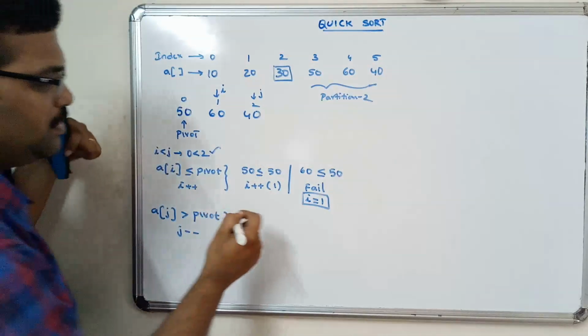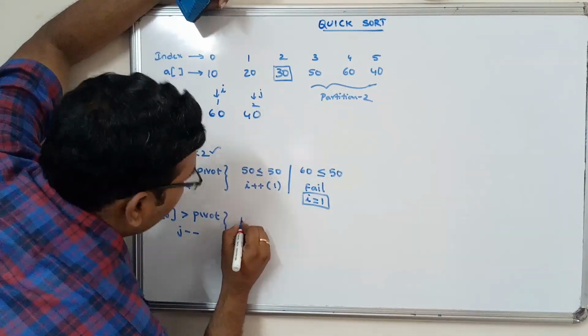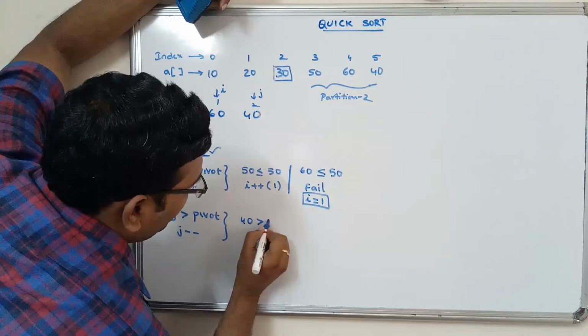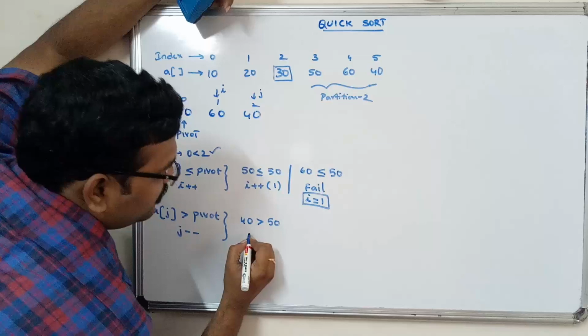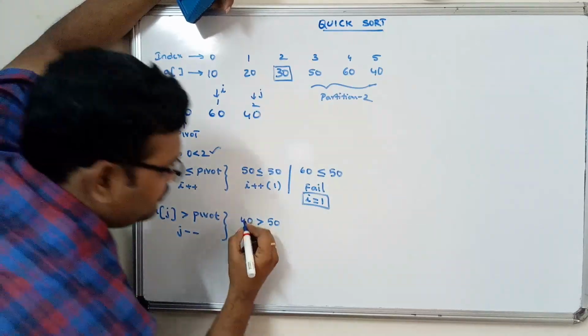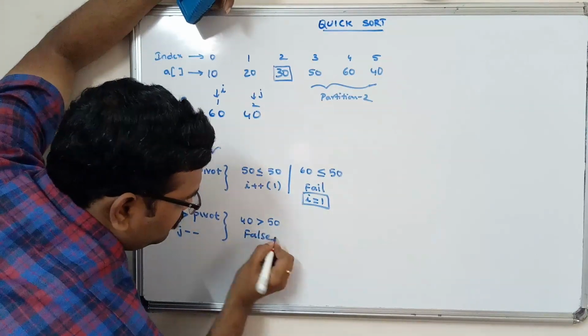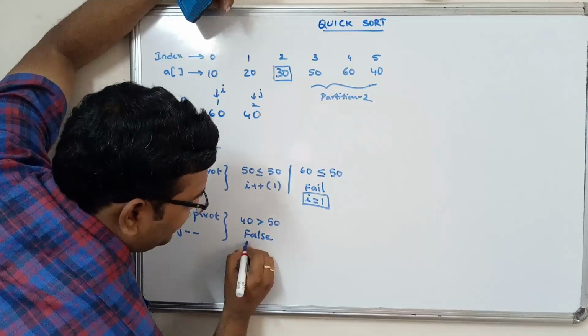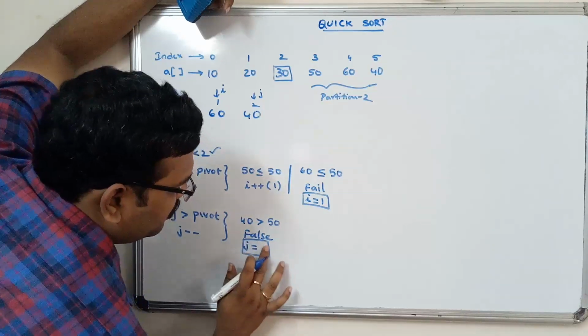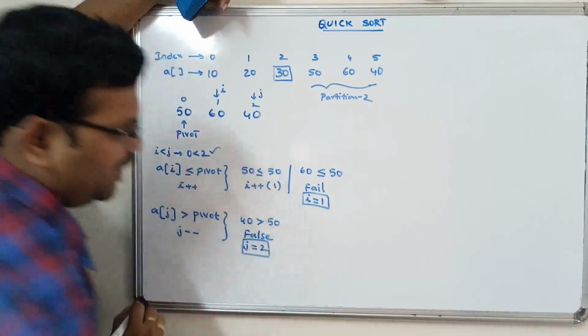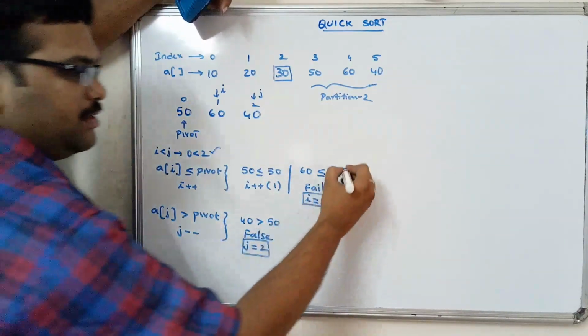So repeat this process. So J value is 40, 40 greater than 50, condition false. So at J is equal to 2, the condition fails.